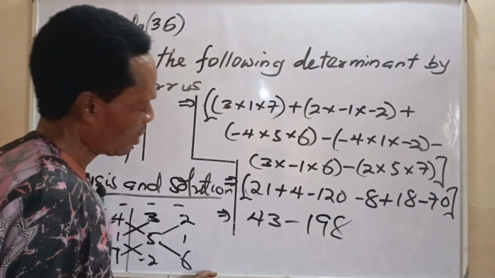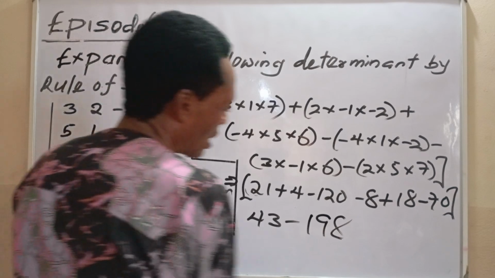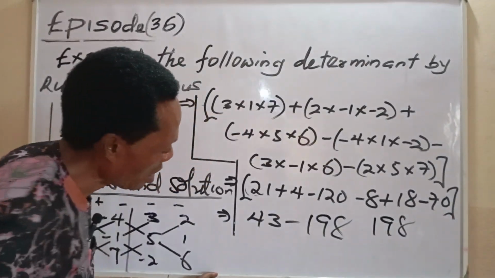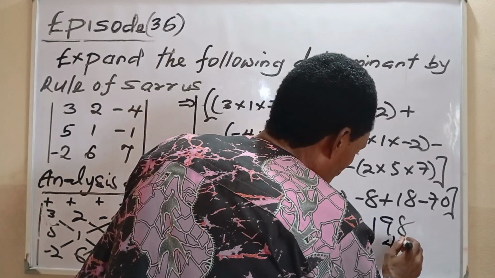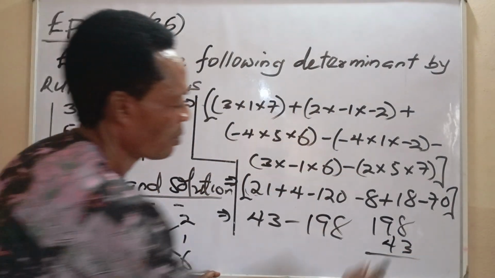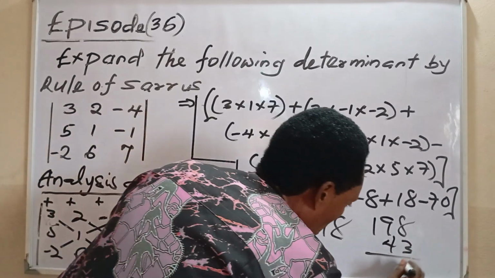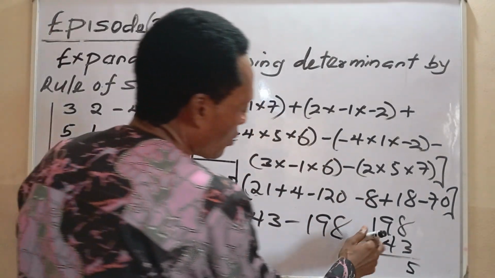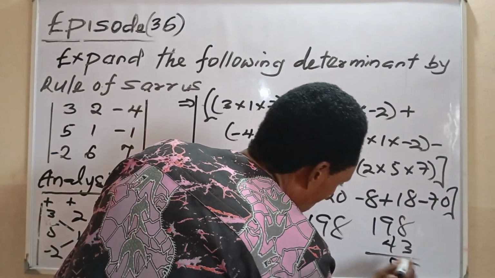43 minus 198 is the same thing as saying 198 minus 43. 8 minus 3 will give us 5, and 9 minus 4 will give us also 5, then 1.